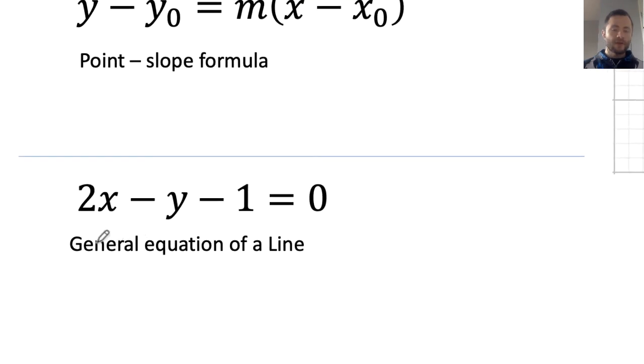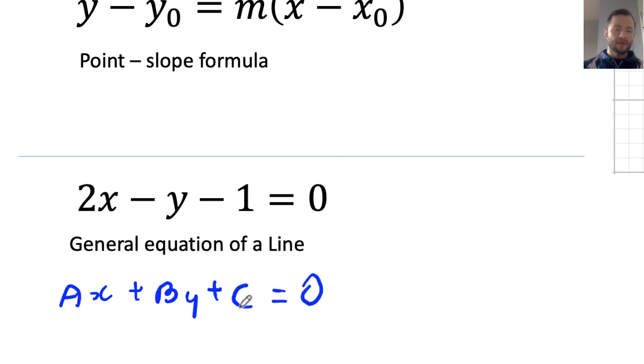And the general equation of a line is an equation of a very similar nature to the general quadratic equation, where it consists of an x variable with a coefficient, a y variable with a coefficient, and a constant. So the general equation of a line has a general form ax plus by plus c equals 0.